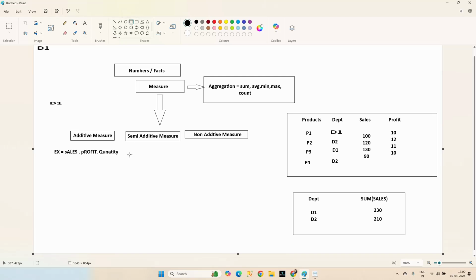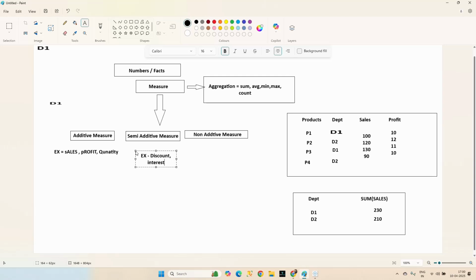Examples: discount, interest rate. Let's say, guys, you took a home loan.